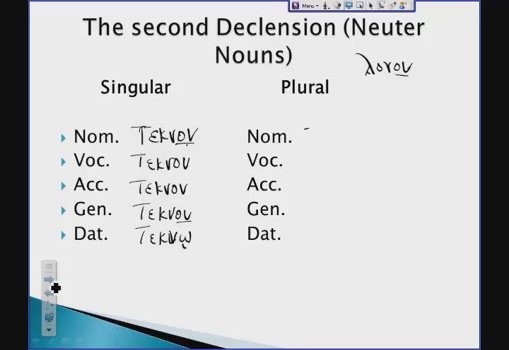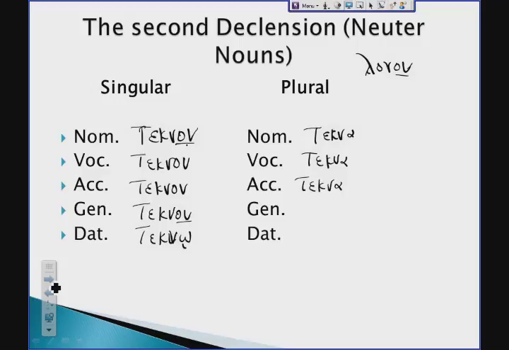And then there you are. The nominative plural, you have tekna, children. And then the vocative, also tekna. And then tekna again. It's the same. Okay?